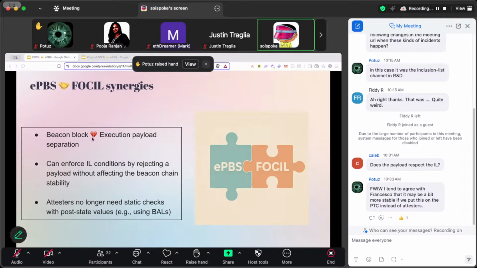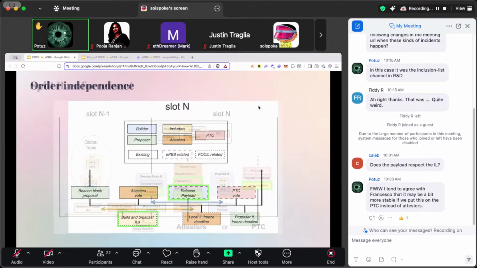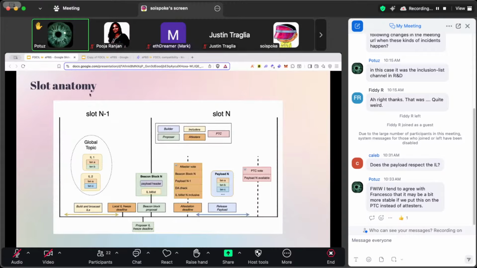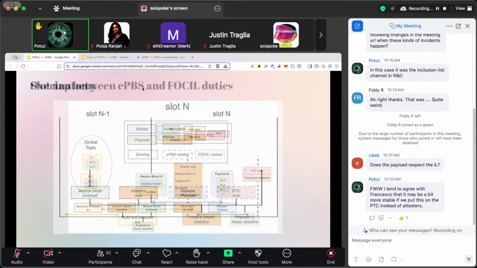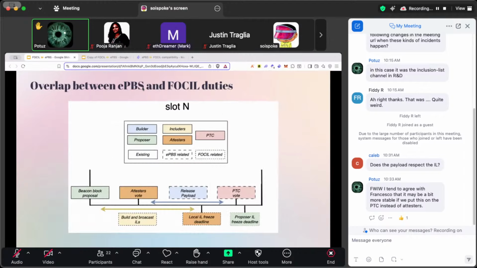Yes, Potus. One of my worries is the timing. Could you spell out how the timings work before the start of the slot? The problem is that you need attesters freezing their view and the IL proposers sending their ILs, but we also know that in real life, most bids that will contain this bit list will happen after the start of the slot.